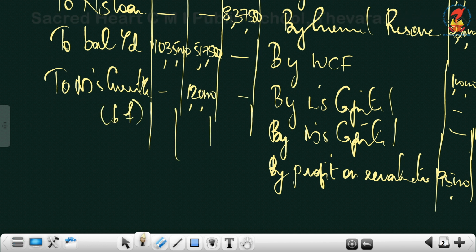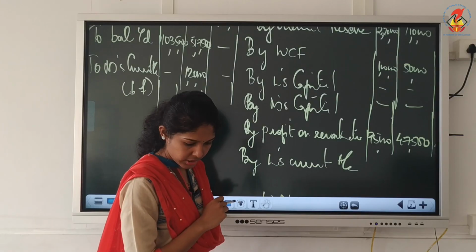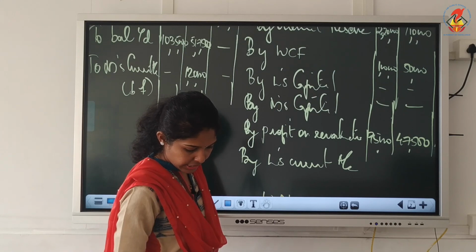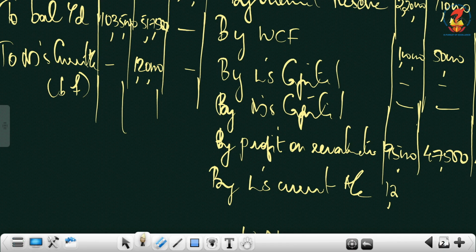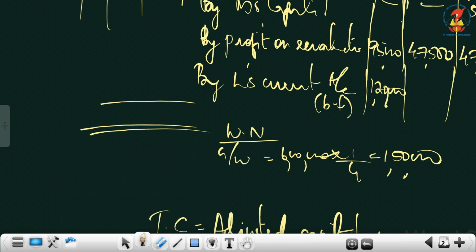And for partner L, it is on the credit side. So write by L's current account, the amount is 1,20,000. Okay, so now the question is over. You can write totals.